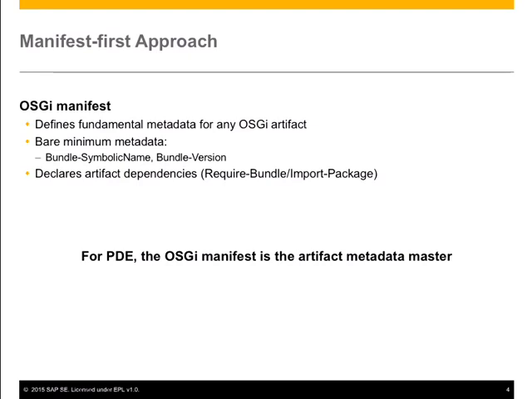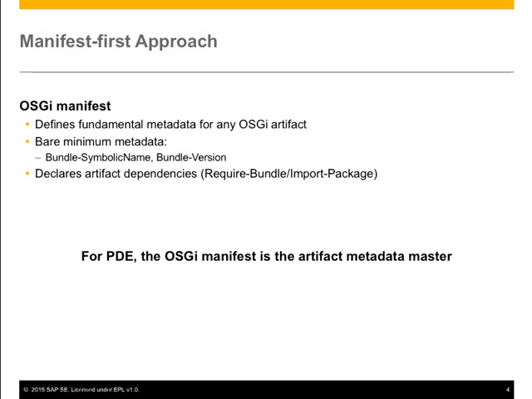So in this case, you have the OSGi manifest as the fundamental metadata for any OSGi artifact. So there are things in there like bundle symbolic name and bundle version. And so this pretty much sounds similar to what we just discussed. And also the dependencies are declared in there, so you have Require-Bundle or Import-Package. So for PDE, it's the OSGi manifest that is the artifact metadata master.